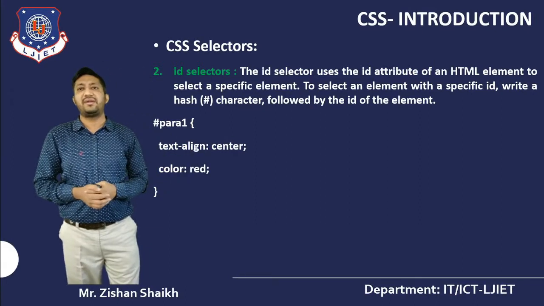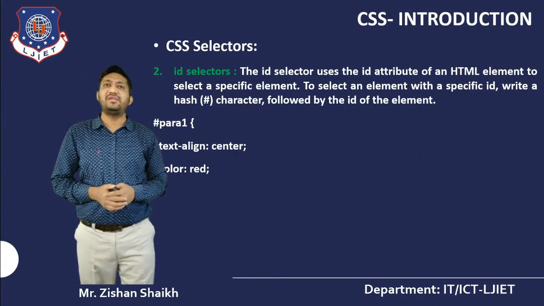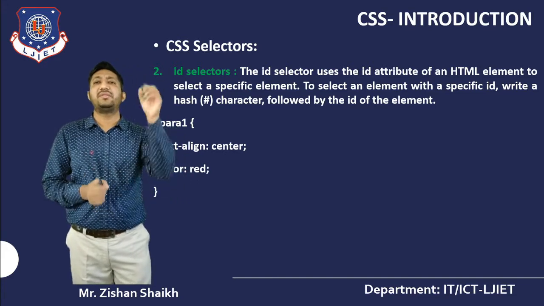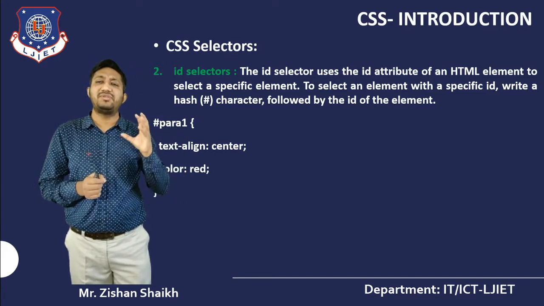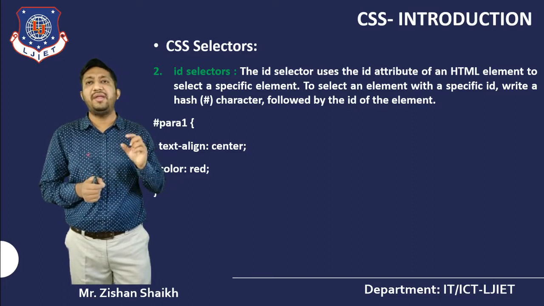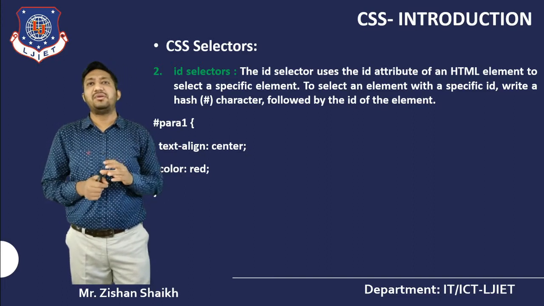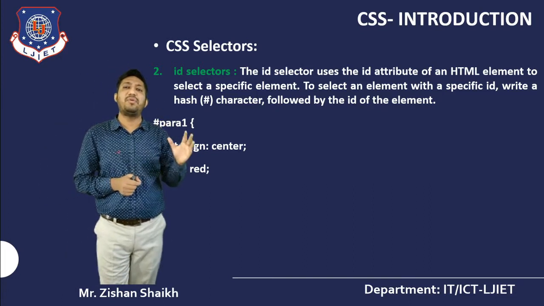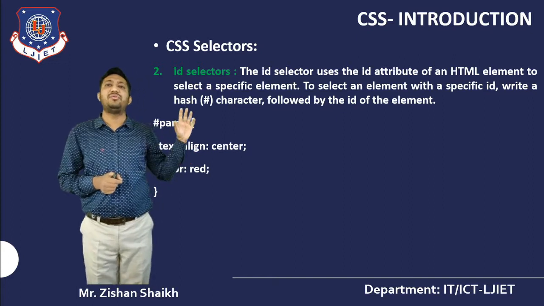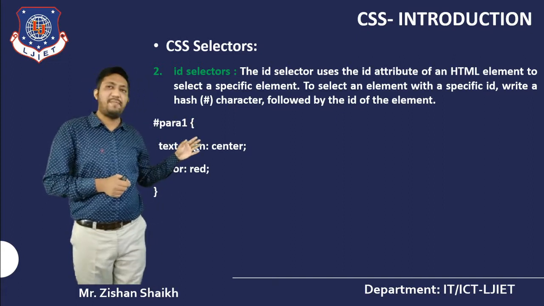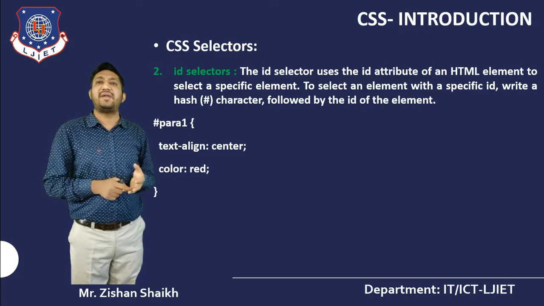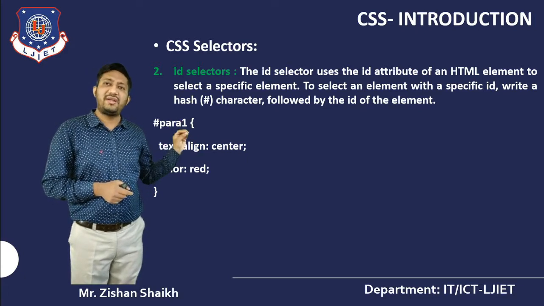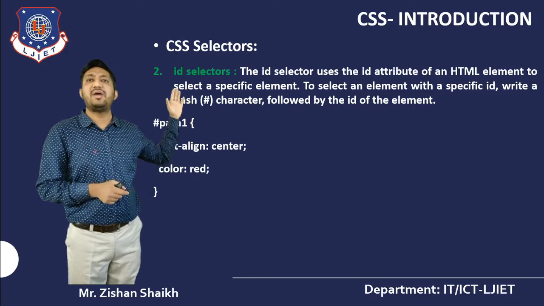Second one is the id selector. The id selector uses the id attribute. The id attribute provides a specific identity to an element on your particular page. So when you want to provide some unique identification for a particular tag, you can use the id selector. So this is my para1, para1 is my text. For that, if I want to provide a unique selector, we can use id.